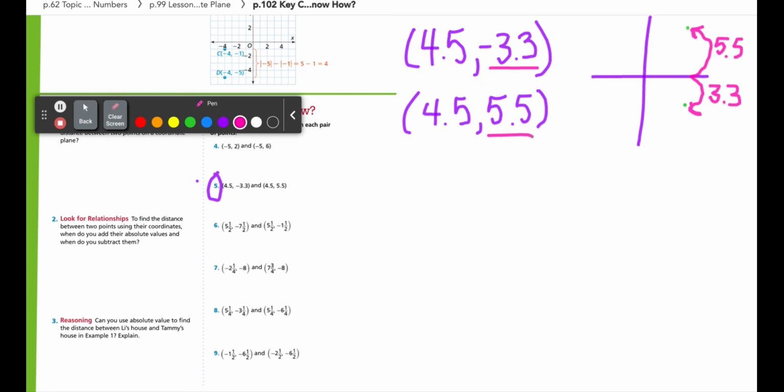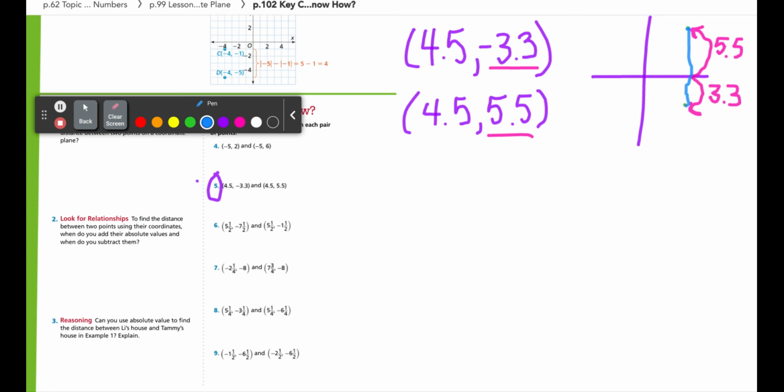So if the ordered pairs are in different quadrants, we're finding the distance from one point crossing the x-axis to the other. So we're going to have to add those 2 y values here.